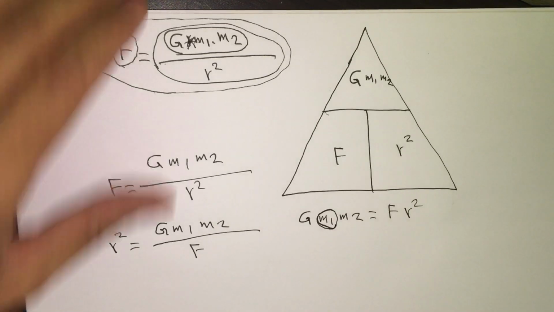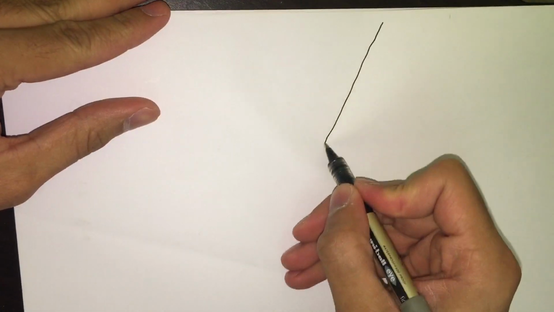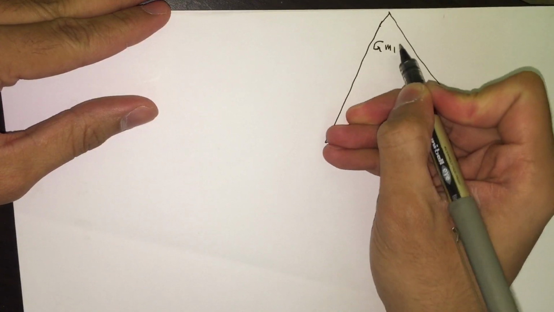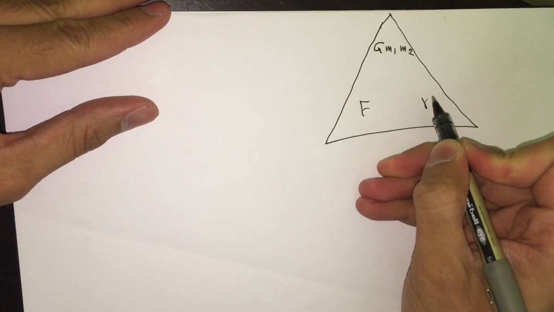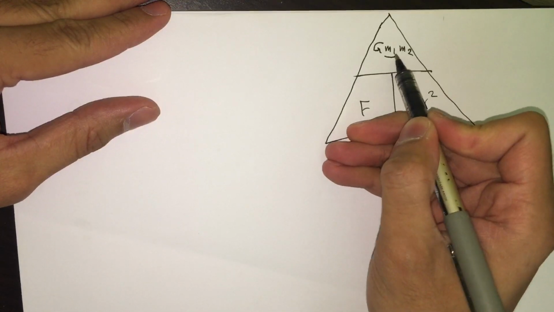So let me use a different paper, and we'll draw our triangle just to make everything clear. G m1 m2 and f r squared. Okay, we want to find the value of this m1.